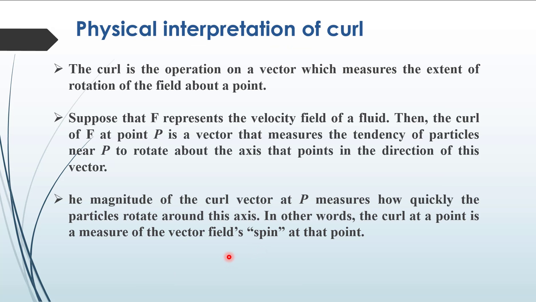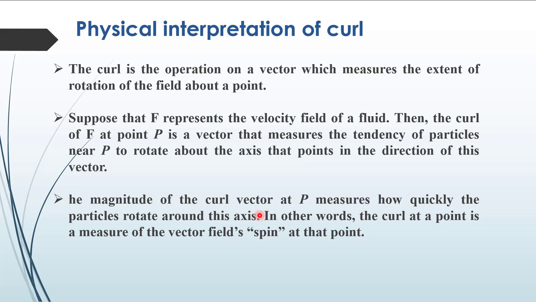The curl is an operation on a vector which measures the extent of rotation of the field about a point. So when we apply a curl to the vector, it is used to measure how much that vector rotates about that point. Suppose that if f represents the velocity field of a fluid, then the curl of f at point P is a vector that measures the tendency of the particles near point P to rotate about the axis that points in the direction of the vector.